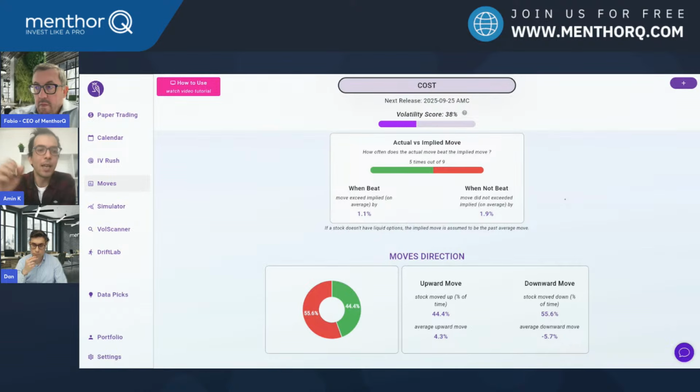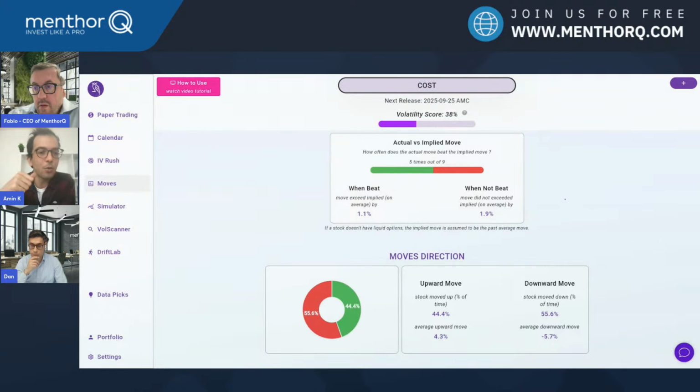If the implied move is actually beaten, so this is not our good scenario, this is the bad scenario for short volatility and selling options, what is the amplitude of that beat? How much did the actual move go over the implied? We see here it's around 1.1.